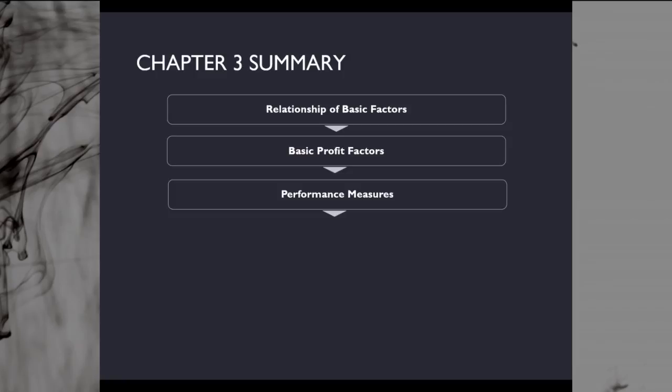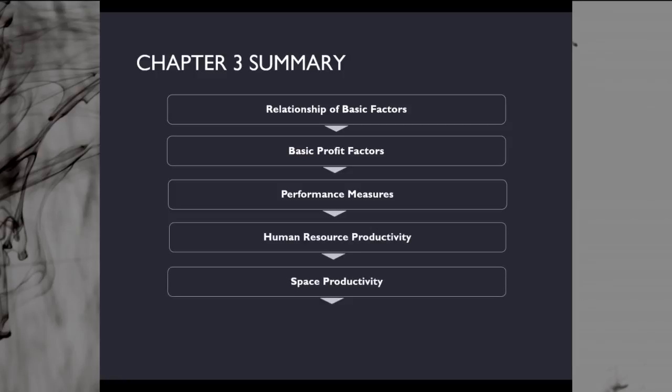Based on these performance measures, you learned how to calculate productivity: human resource productivity, space productivity, and inventory productivity. We're going to talk more about the details of cost of goods sold next time, and that's it for chapter 3. I hope you all got everything clearly, and I will see you next time for chapter 4.